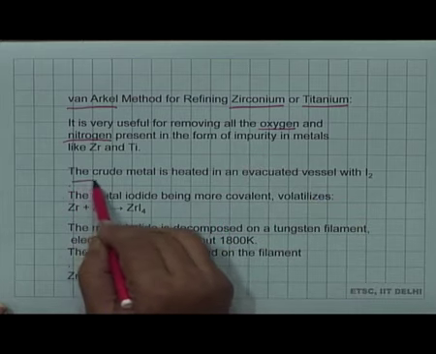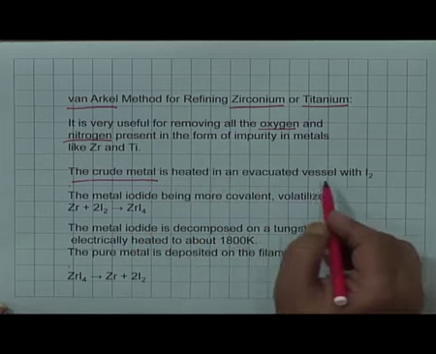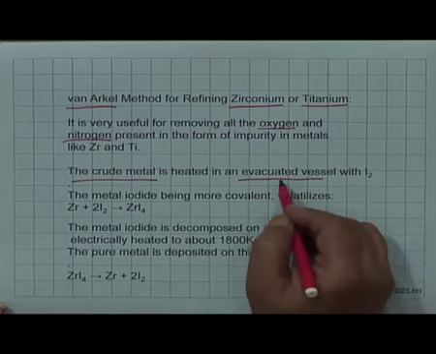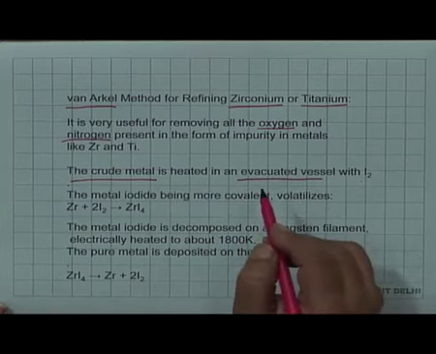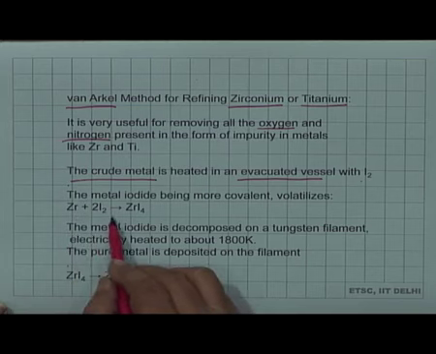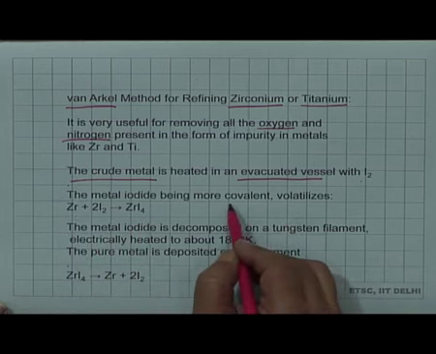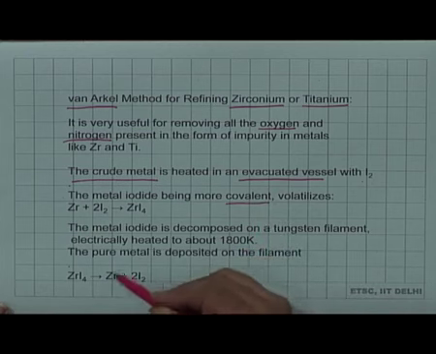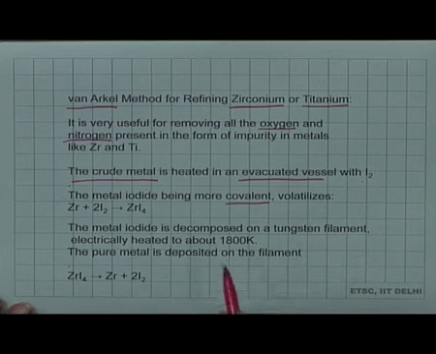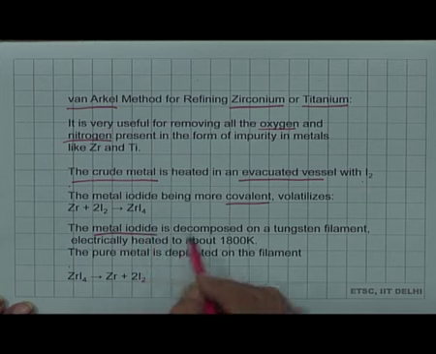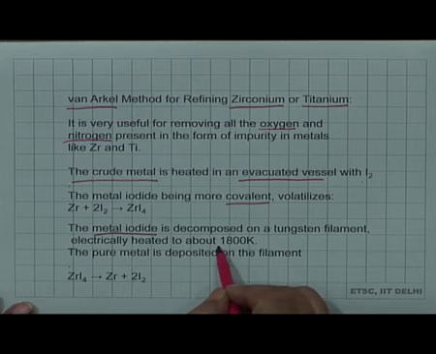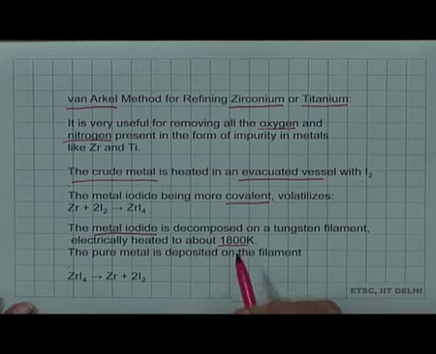Now, what is done in this method is that crude metal is heated in an evacuated vessel with iodine. What is an evacuated vessel? A container in which a vacuum has been created. This iodine reacts with the metal, forming iodides, which are covalent in nature and volatilize very easily, or are converted into vapors very easily. This metal iodide can be decomposed on an electrically heated tungsten filament at about 1800 Kelvin.